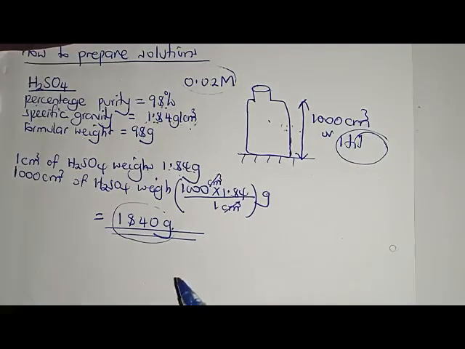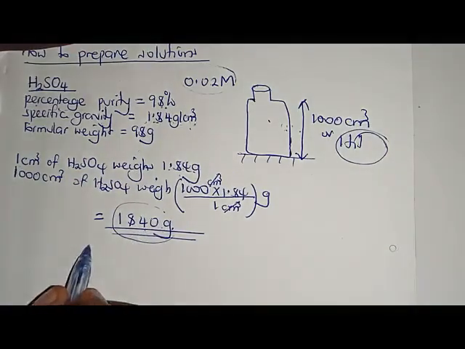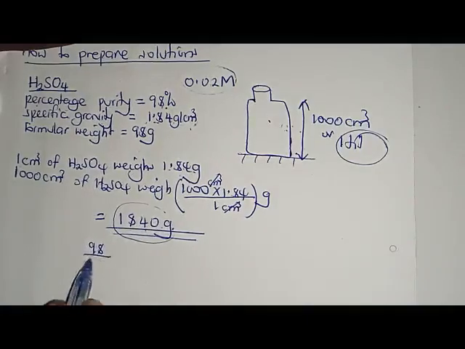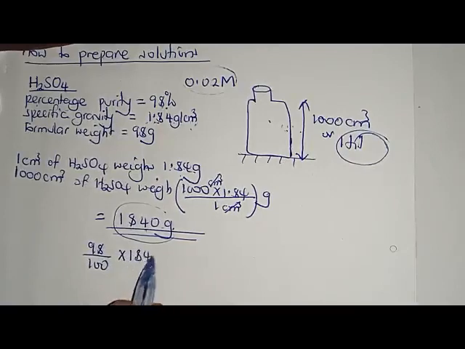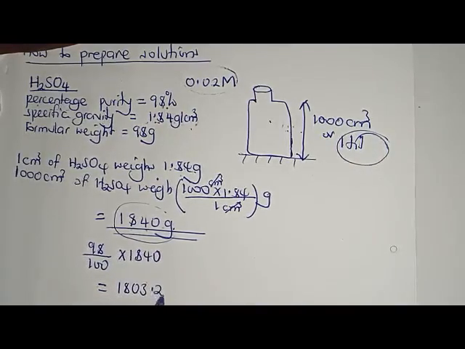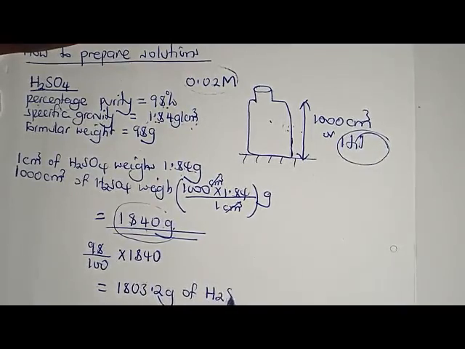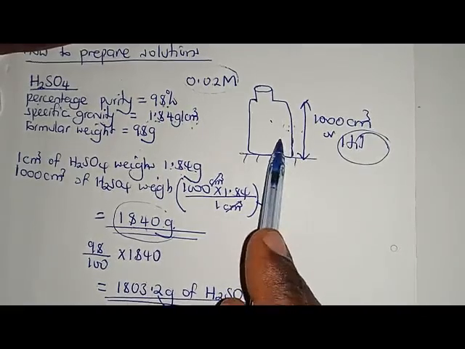Since it is 98, we are going to get the proportion of sulfuric acid from this by saying 98 out of 100 times 1840. So what are we going to get in that case? It is 1803.2 grams of sulfuric acid.